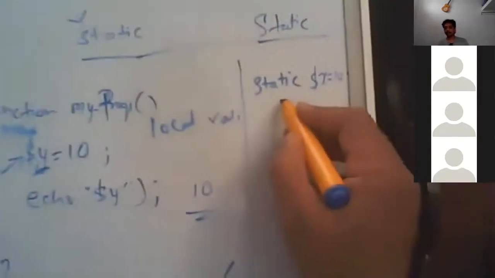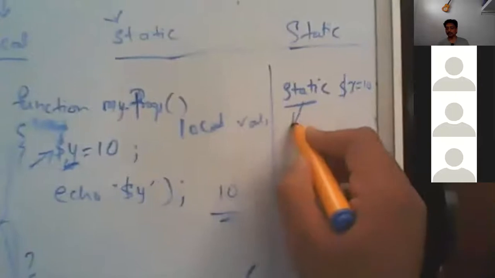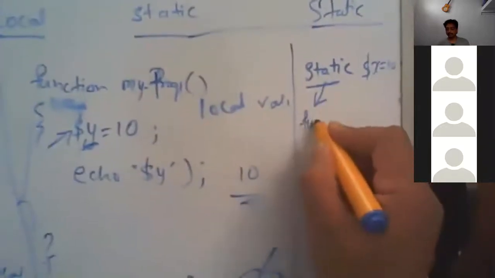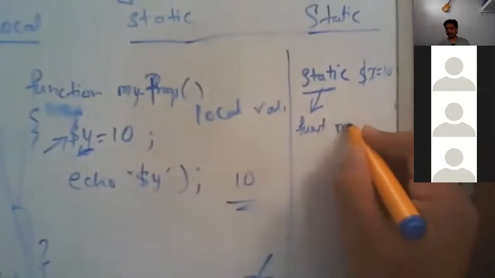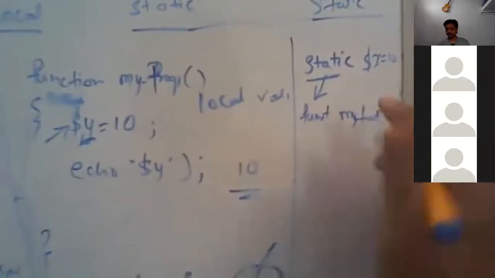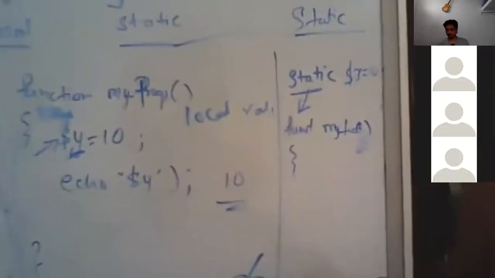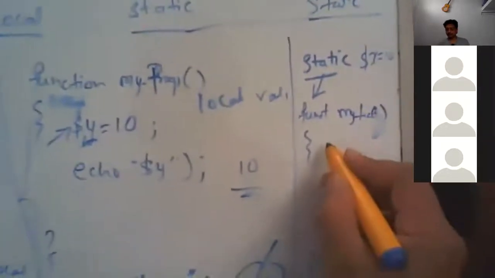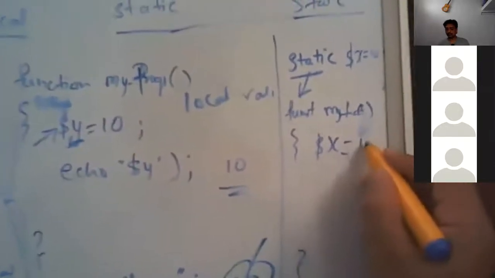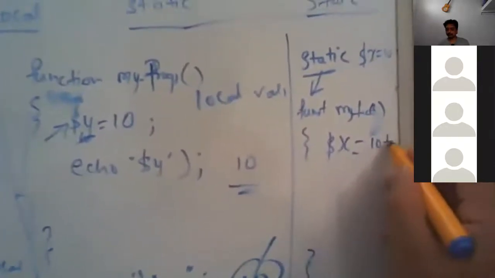Now I call this a static variable. If I use this inside my function, I can take this as $x plus 10 plus 2.